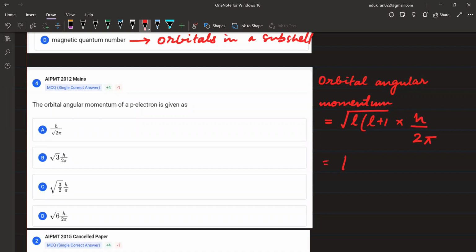h क्रॉस भी लिख सकते हैं। ठीक है, so either ये लिख सकते हैं आप h क्रॉस into root of L into L plus 1. What is L here?